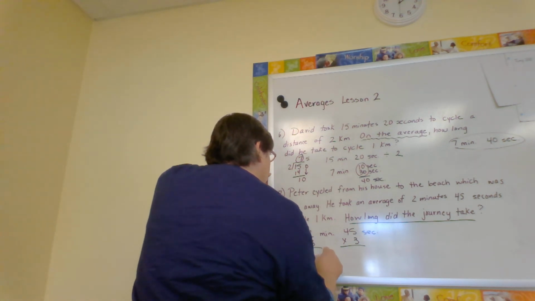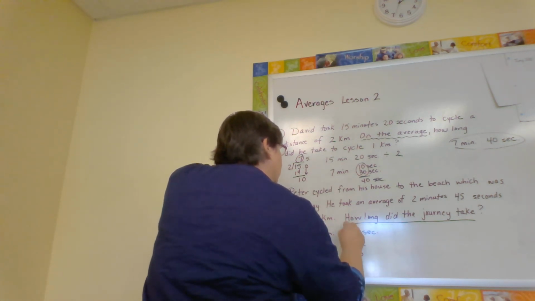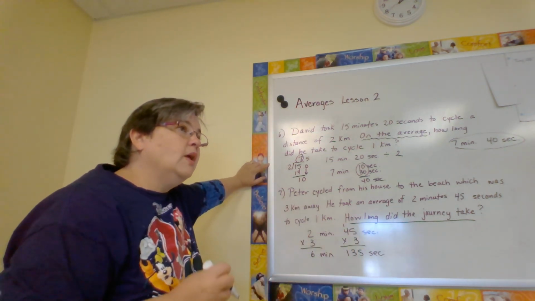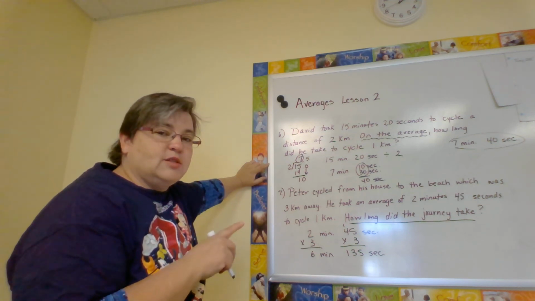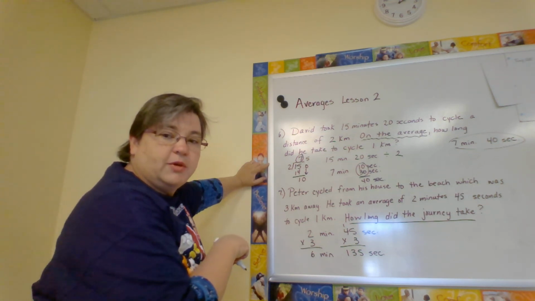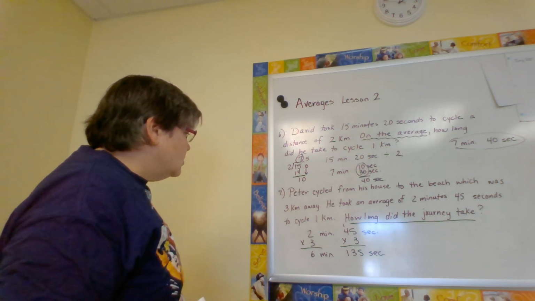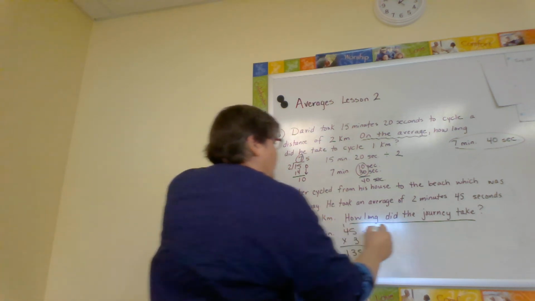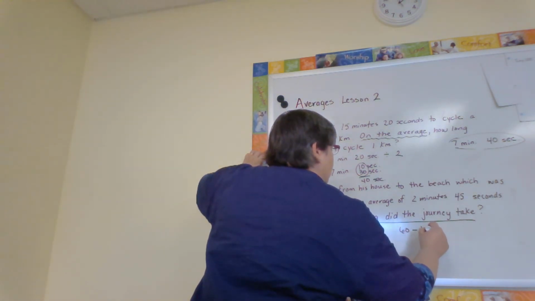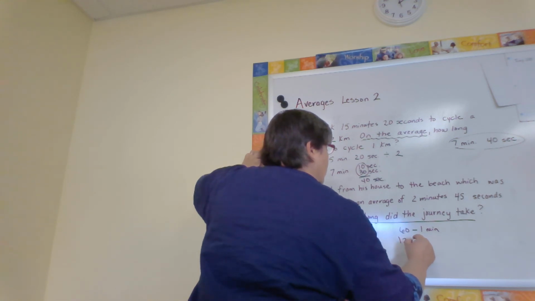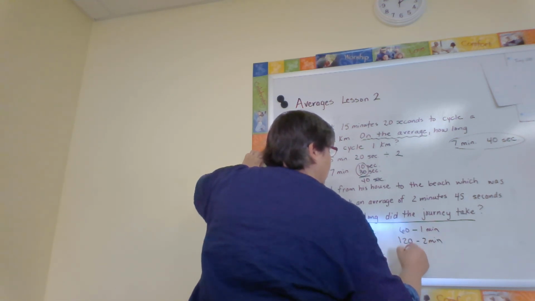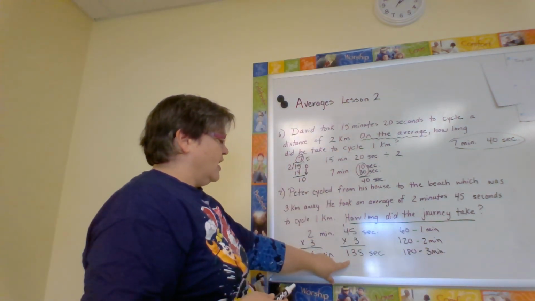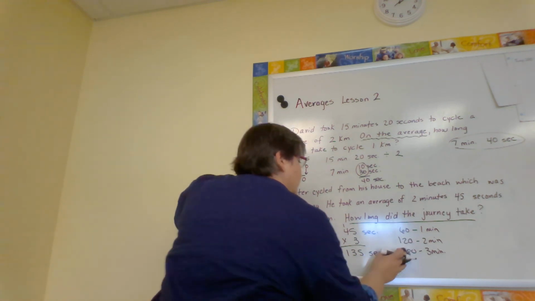6 minutes here and 135 seconds here, right? But I know that 135 seconds makes up some minutes, so I'm going to have to figure that out too. So I know that 60 seconds makes 1 minute. I know that 60 and 60 is 120, and that makes up 2 minutes. I know 180 would be 3 minutes, but I only have 135, so I can't do 3 minutes.